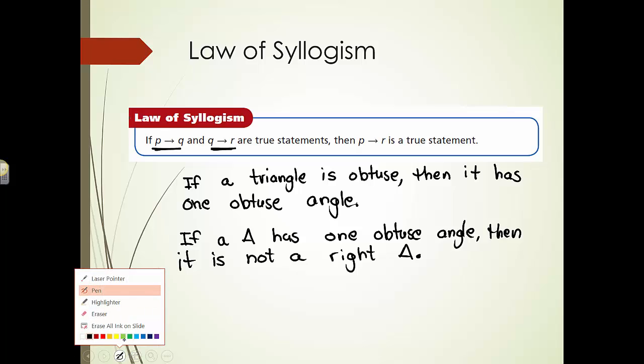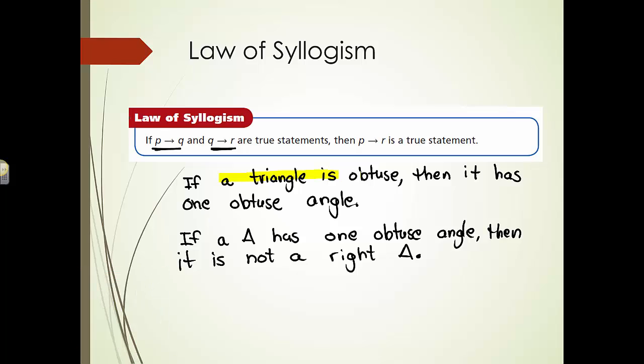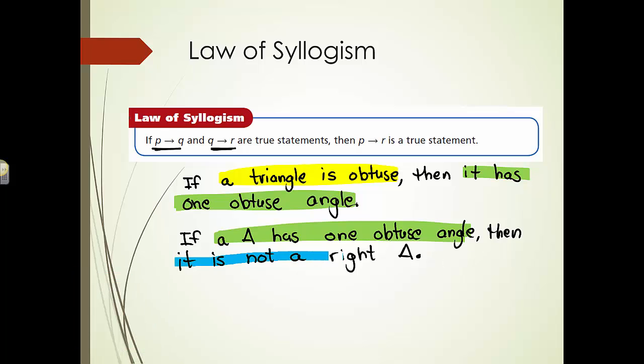So my P, oops, I'm going to highlight here. This is my P, a triangle is obtuse. This is my Q. It has one obtuse angle. Then it says Q to R. So this is my Q. If a triangle has one obtuse angle, then we've got R. Then it is not a right triangle.